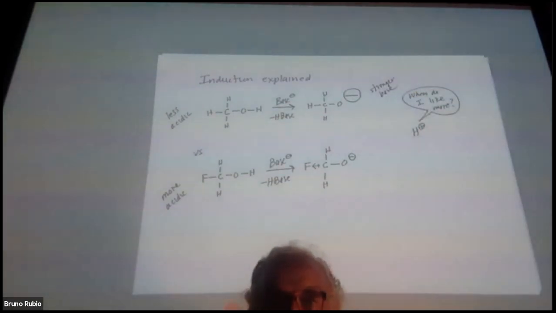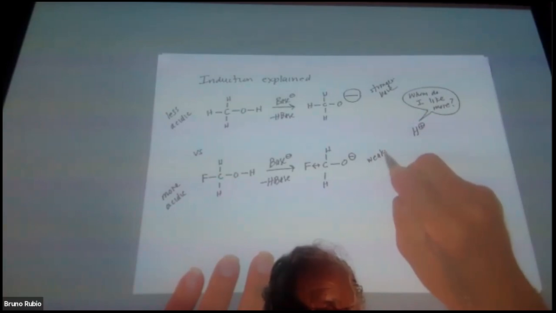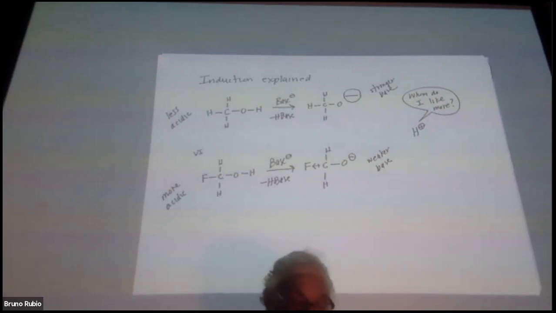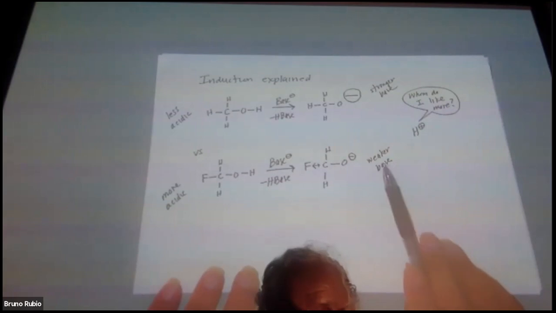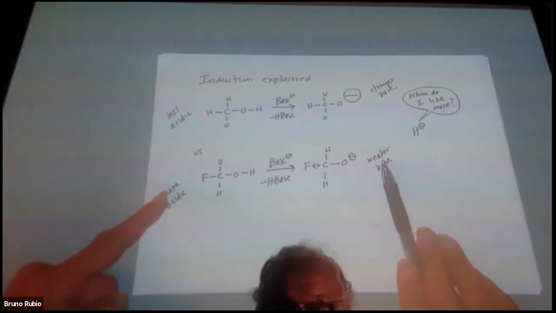It's just more attractive to a proton because there's more negative charge on that oxygen. This guy is the weaker base because the negative charge there has been diminished, withdrawn, sucked away by the fluorine. A weak base has a strong conjugate acid.